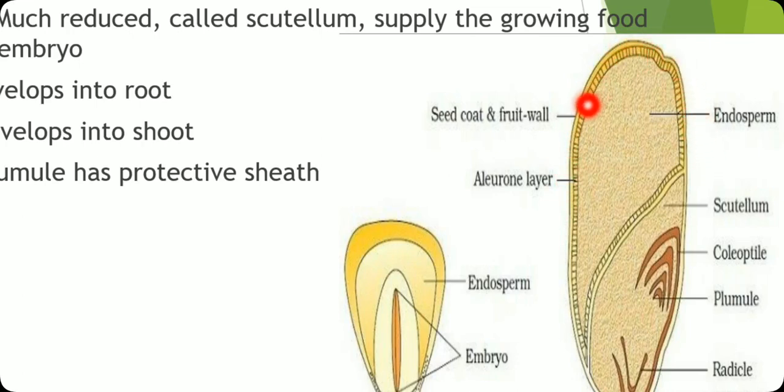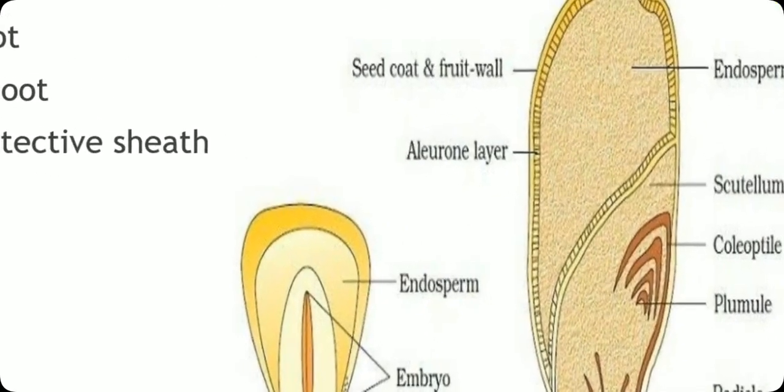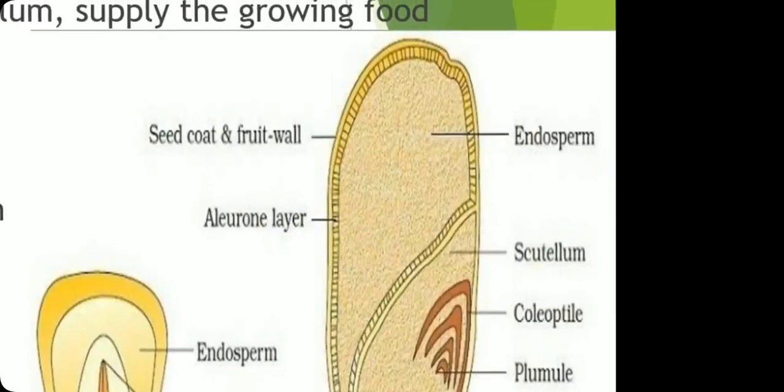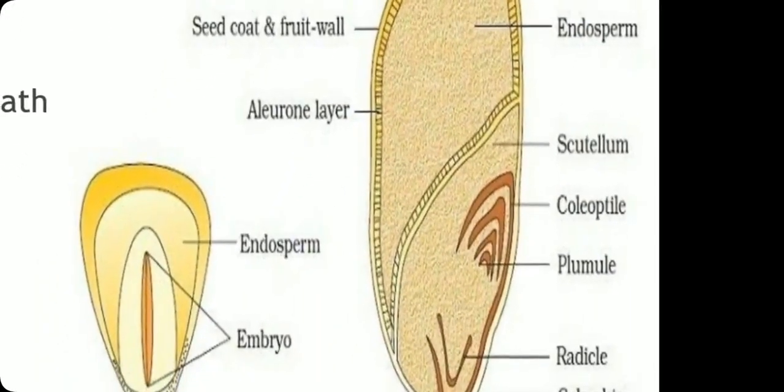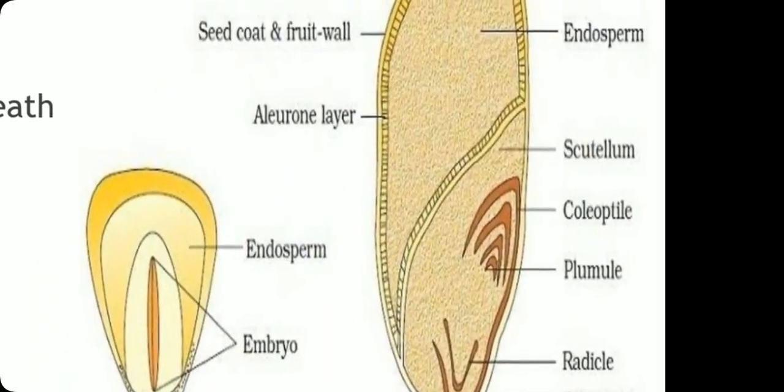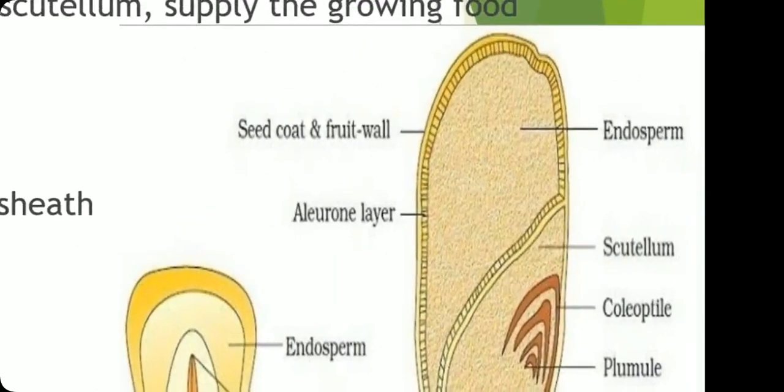So I can say about this maize grain that it is actually one seeded, in which the fruit wall and the seed coat are fused together to form a protective layer. These two, the seed coat and pericarp, together form a protective layer. Therefore, we call such a fruit a grain.